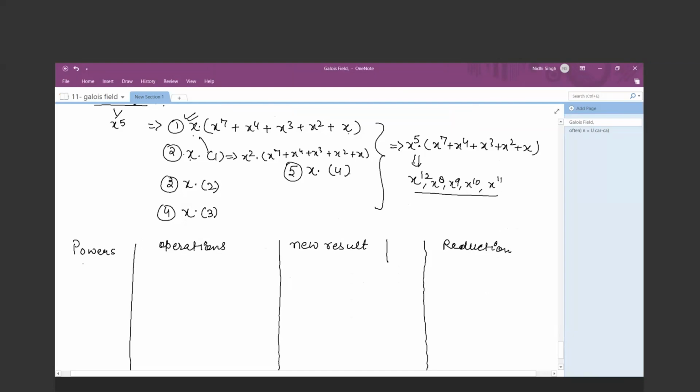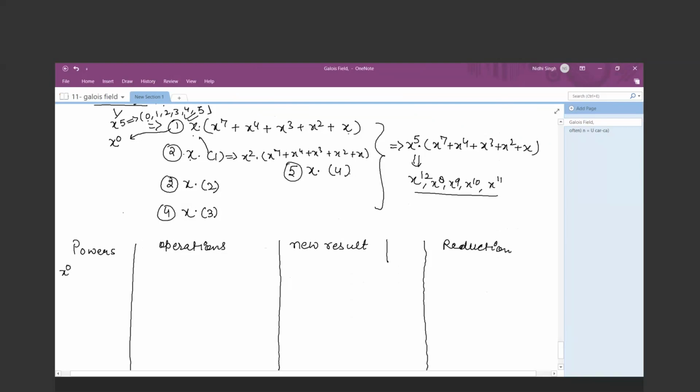So what are the powers? This first phase will be termed as x to the power 0, because we are talking about 0, 1, 2, 3 and 4 powers. 4 and 5, sorry, including the constant one. So if we include the constant, we have to align one more phase over there.